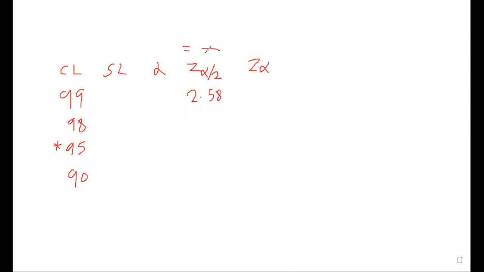These are the only 2 signs that will give us an idea that this is a two-tailed test. Then we have 2.33 for 98%, 1.96, and 1.64. So this is our Z value.